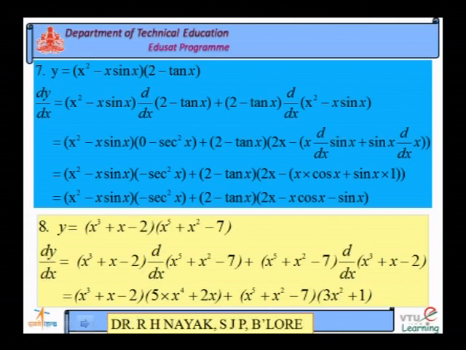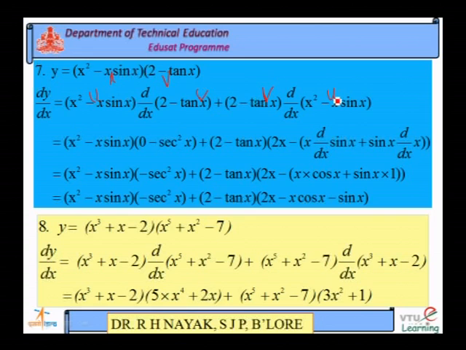The seventh problem is also based on the product rule, that is the u into v form. This is considered as u. Quickly you can scan this, u into v. x square I have taken as u as it is, u into differentiation of v, plus v into differentiation of u.